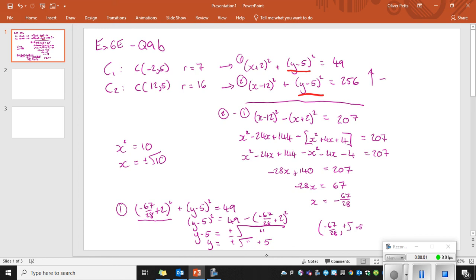I would work all this out and probably write it in decimal form. It doesn't say to write it in exact form in the book, so we can write it in decimal form. And then our other coordinate is exactly the same x value, but a different y value, which is the negative root of all that messy business with a plus 5 at the end. So that's how we'd work through question 9b.